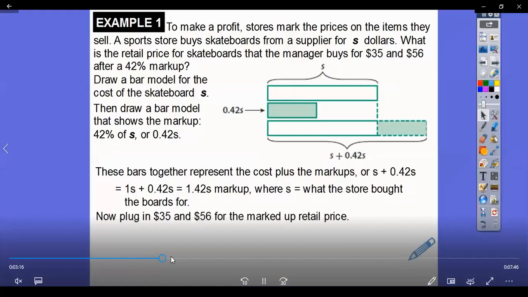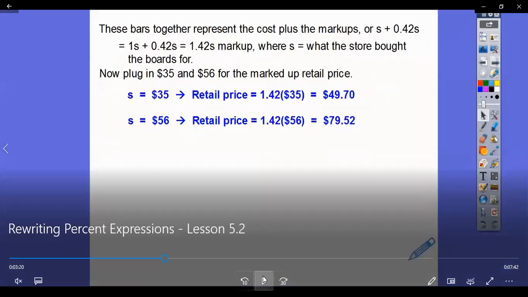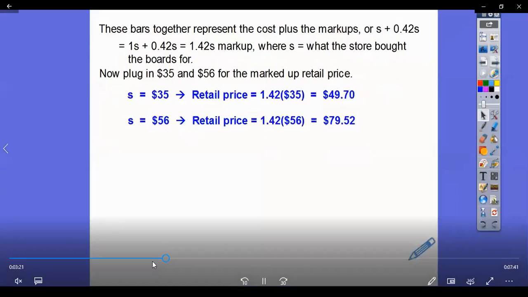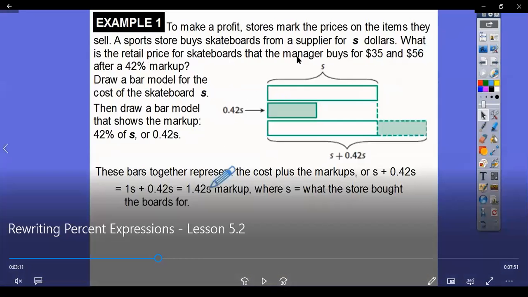Now, do you remember the cost which he gave us? He wants to calculate the cost for 35 and 56 items, right? Yes, 35 and 56.